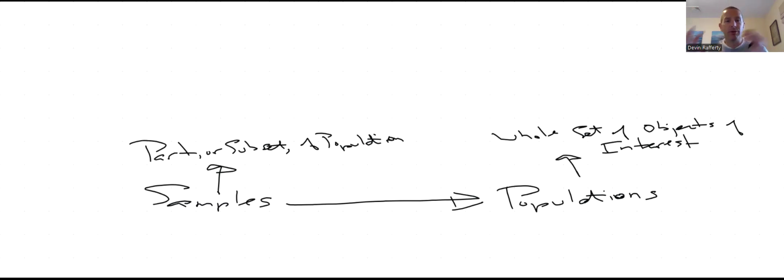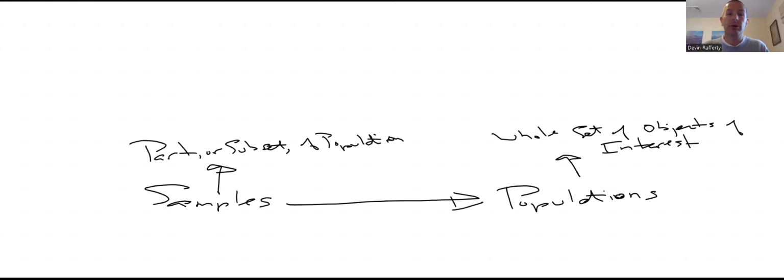So if we want to really round this out and make it pretty easy here, if we were taking an American football team, the NFL, National Football League, if we were talking about a population, we would be talking about every single player on the football team. If we were talking about a sample, it could be just a handful of players on the football team.